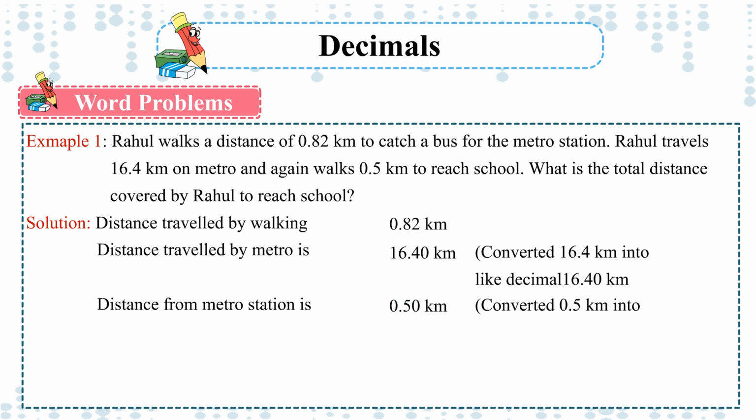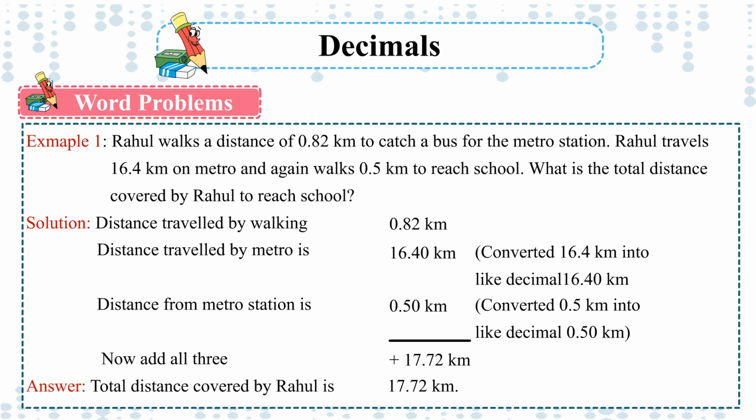Converted 0.5 km into like decimal 0.50 km. Now add all 3, which gives 17.72 kilometer. Answer. Total distance covered by Rahul is 17.72 kilometer.